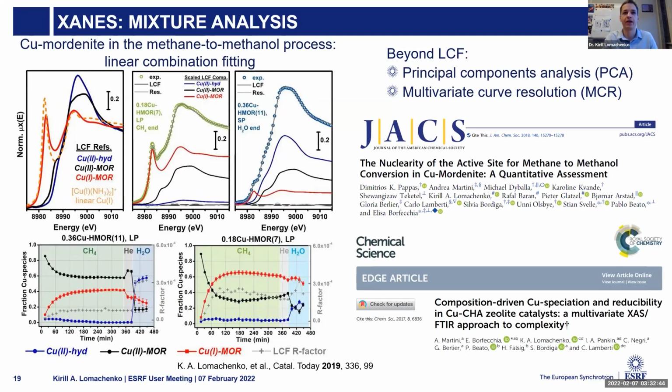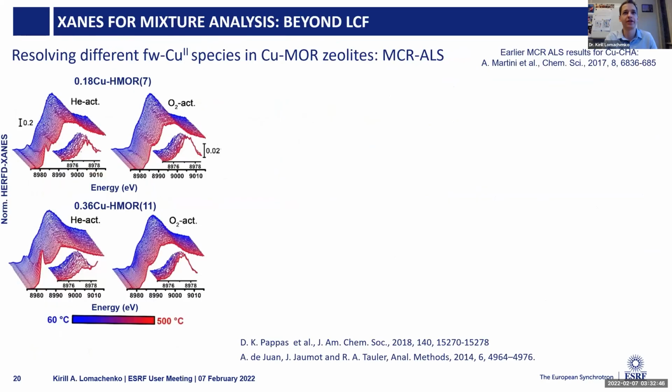As an illustration of this, here there is another example on copper mordenite. So two different samples measured during the thermal activation, so heating, in oxygen or in helium. So 4 sets of data, 4 sequences of spectra, 2 samples and 2 conditions.